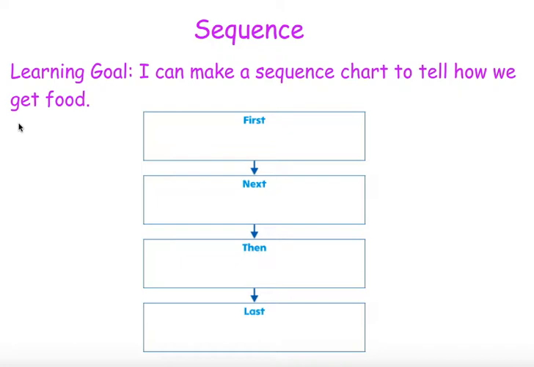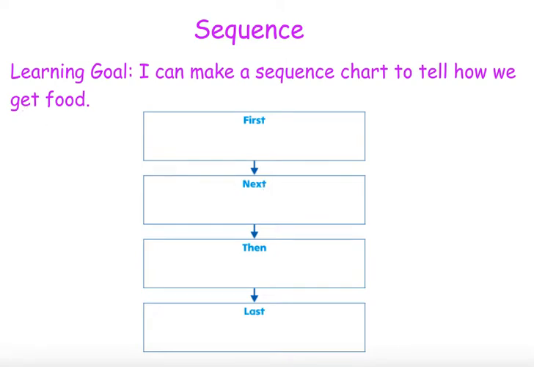So today we will make a sequence chart to tell how we get food, and we will focus on nonfiction books. This is a chart that you're very familiar with, and we call this a sequence chart. A sequence shows first, next, then, and last, right? And we used that to retell books in the past. So today we will also use this chart to see how it works.